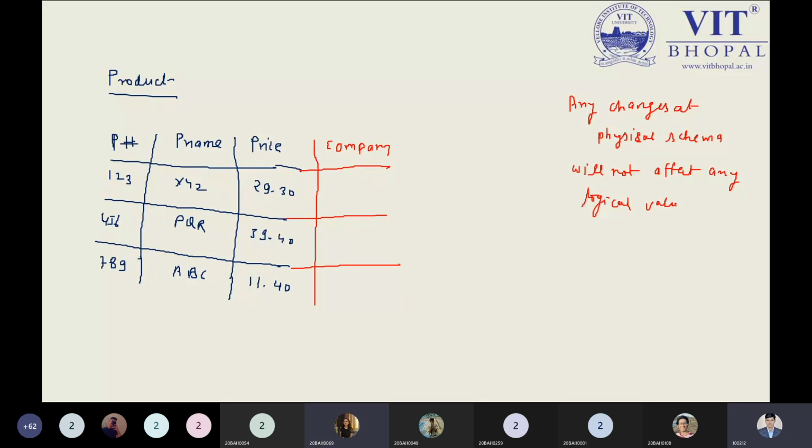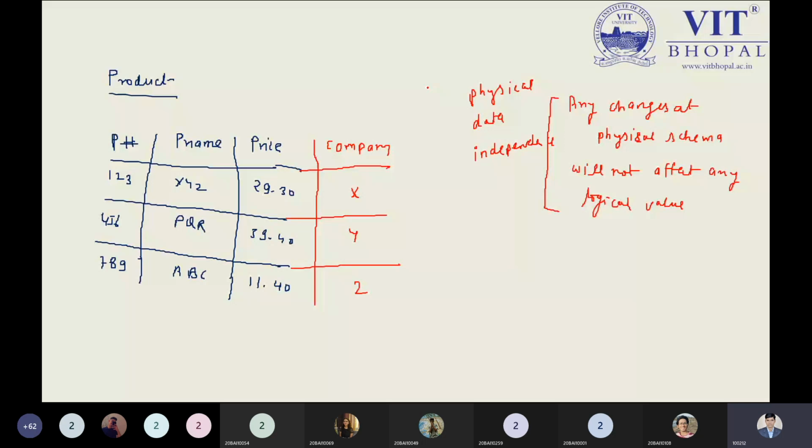This is the physical data independence. Physical data will be independent from the logical data. Clear? Okay, for the company name I am taking only XYZ, just for understanding purposes.